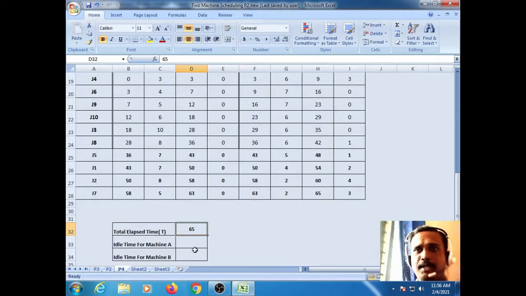We can also calculate the machine A idle time and machine B idle time.